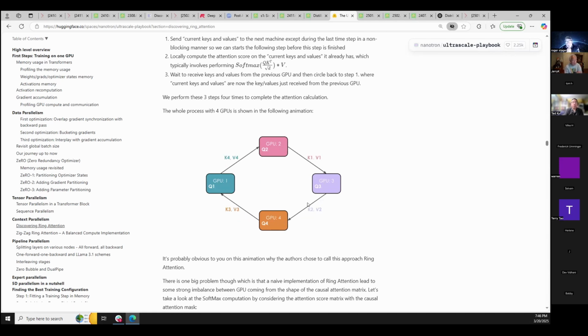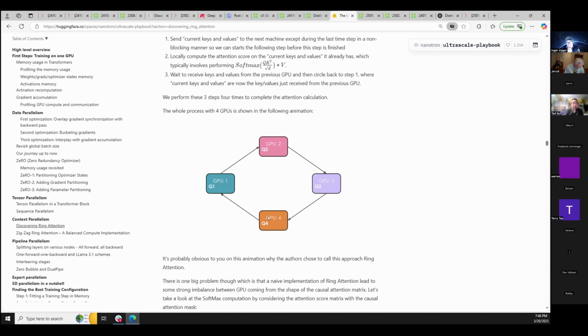But I think the key thing is that the ring pattern is a simple pattern and a pattern that allows you to overlap communication with computation. So I think that very first pass, you may or may not be able to hide it, because if you say I'm going to pass key 1 to the next GPU, but I still haven't even done my computation with it yet, then you do your computation while you're waiting for your first message.